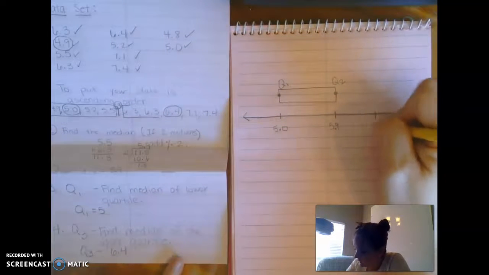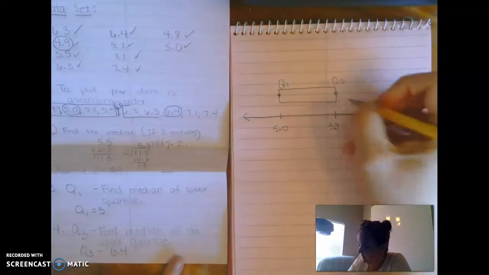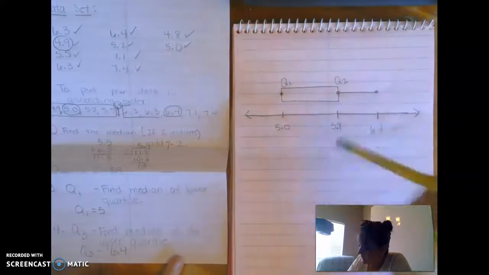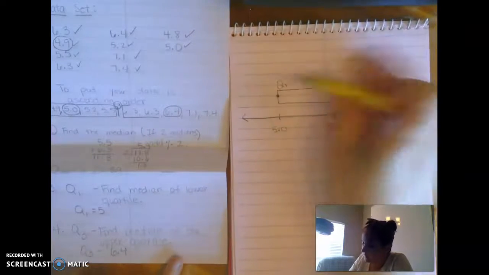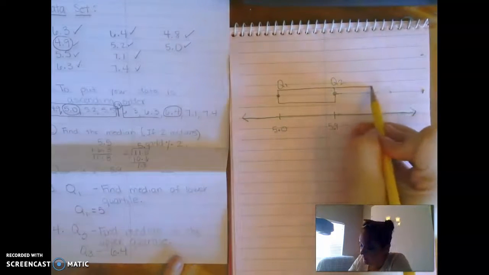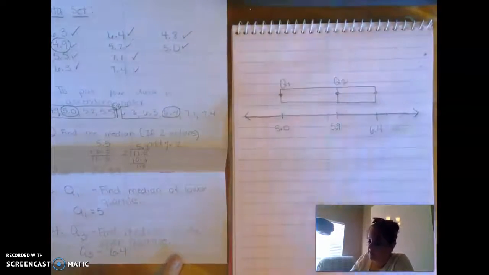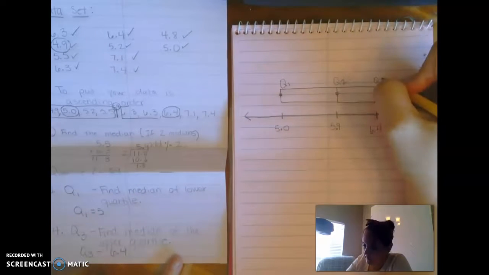So let's say it's approximately right here. So that's where that one would be, and we box that one in. So there is your box that you've plotted. Label that Q3.